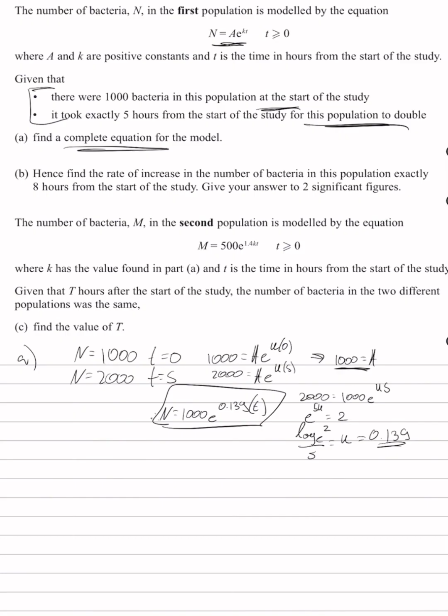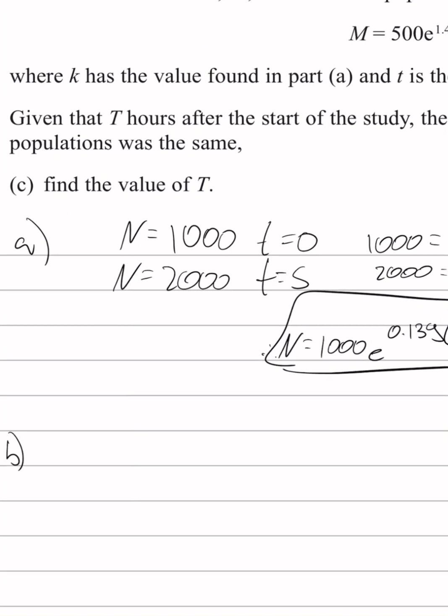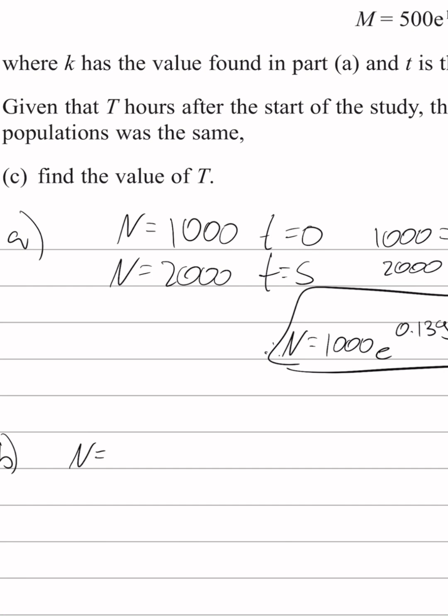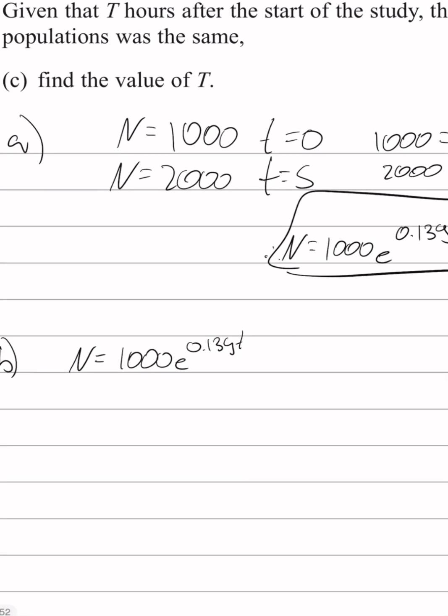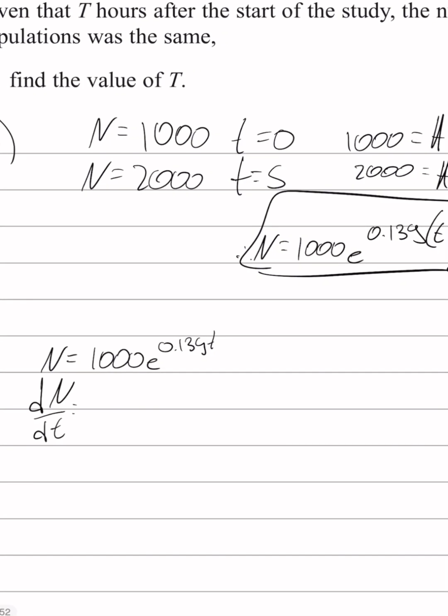So it wants us to differentiate it. Therefore, as n is equal to 1000 e to the 0.139t, then dn/dt would be 139 e to the 0.139t.